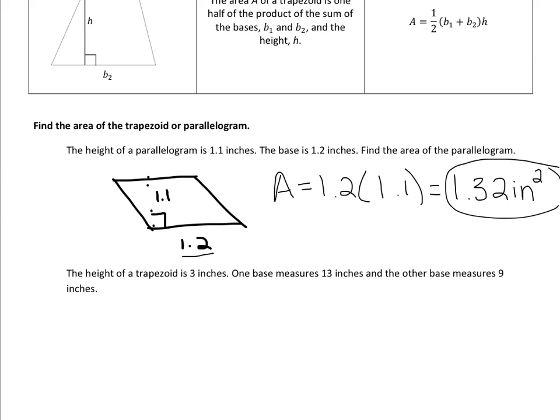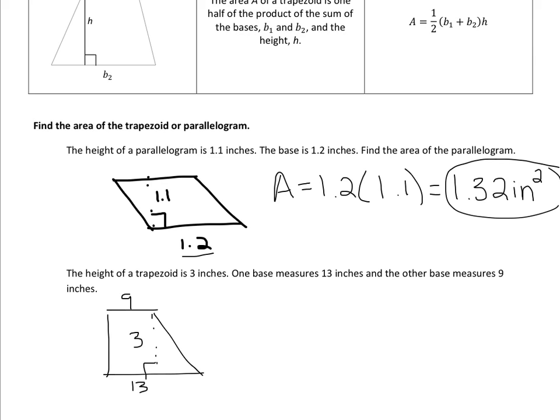All right, now this time we have a trapezoid. So once again, let's go ahead and draw a picture. It doesn't have to be perfect, just get the idea. I have a height of 3 inches. One base is 13 inches, and the other base is 9 inches. So I'm given all the information I need. We're going to be using, remember, this formula up here, so we are just going to plug in those numbers.